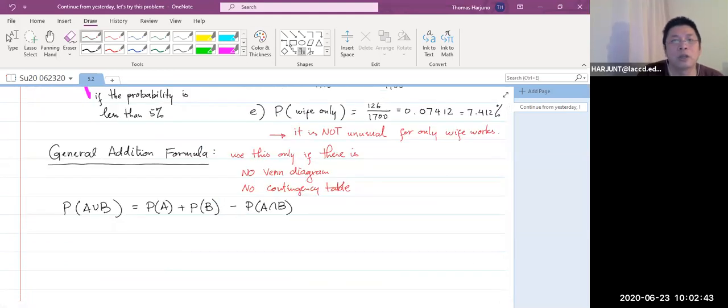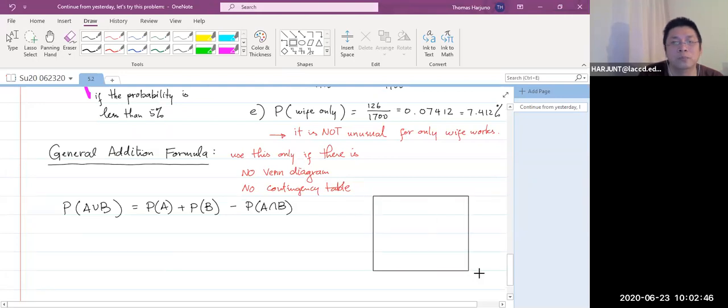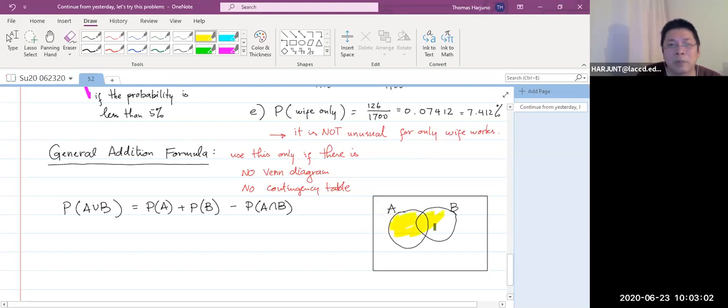Pictorially, you can see the following. Suppose we have A and B. The probability to be in this region is equal to the probability to be in A plus the probability to be in B. Do you notice that the intersection is double counted?